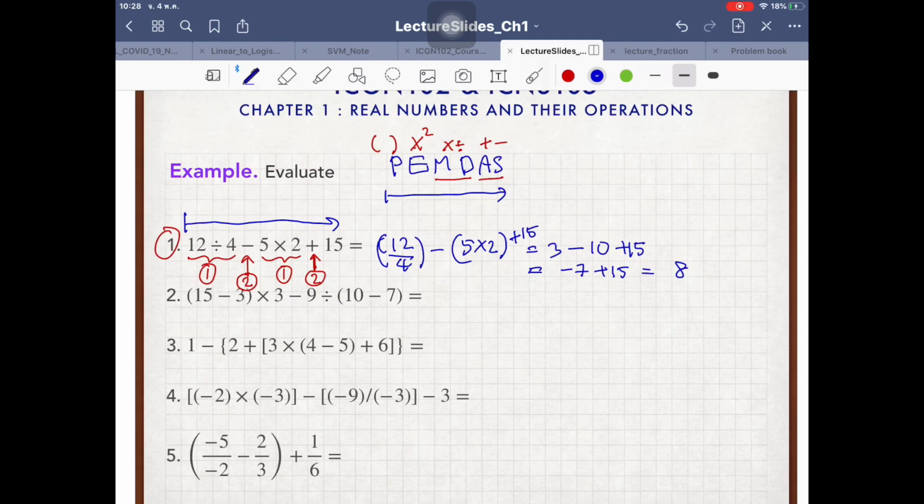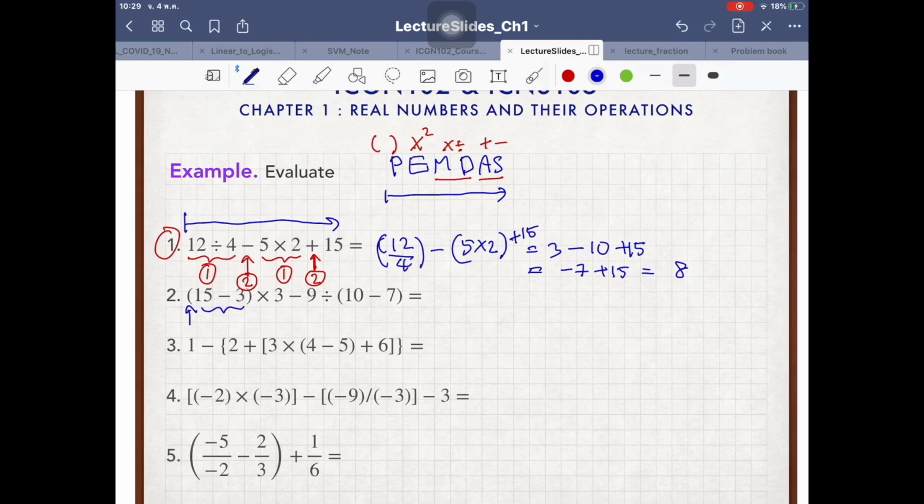And then for the next problem, here again, you need to read from the left to the right. Now we see the term of parentheses. So that will be the first thing that you need to do. The first thing is you need to do anything inside the parentheses or inside the bracket.